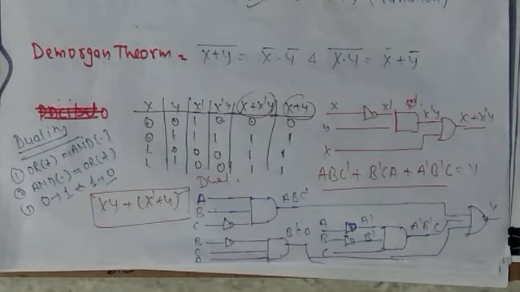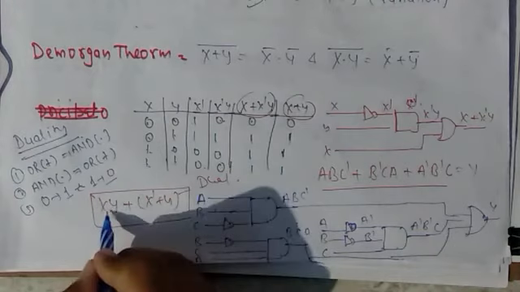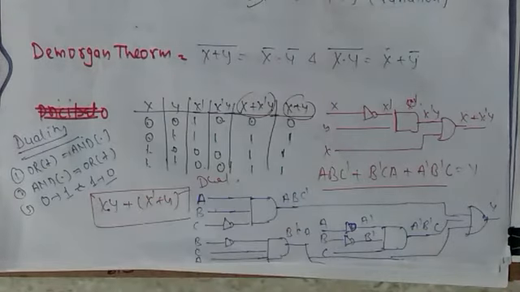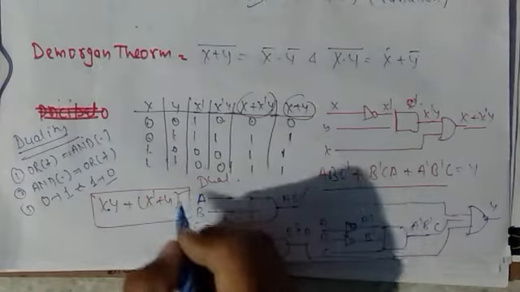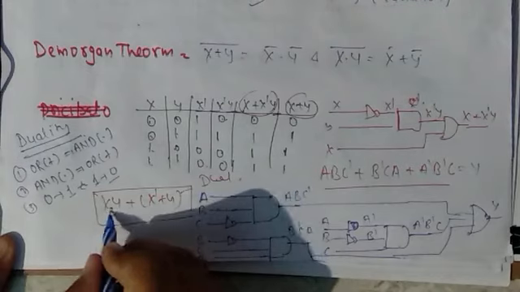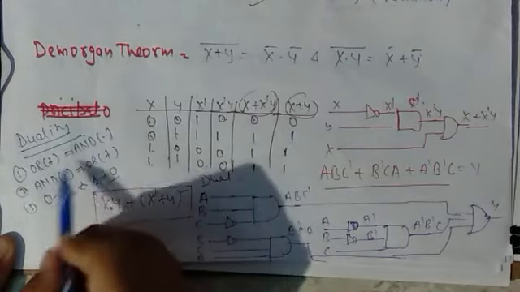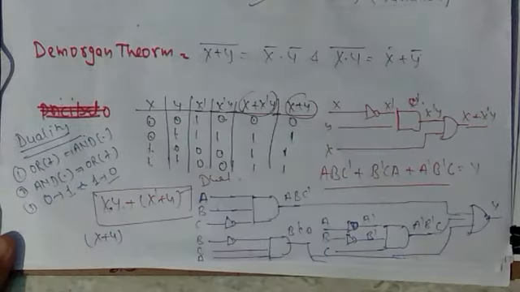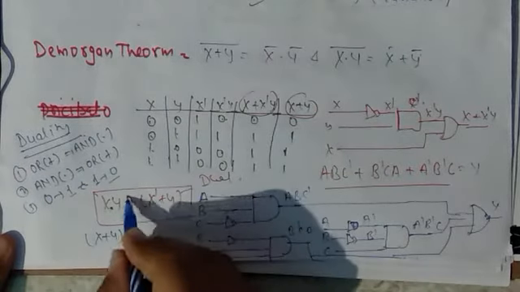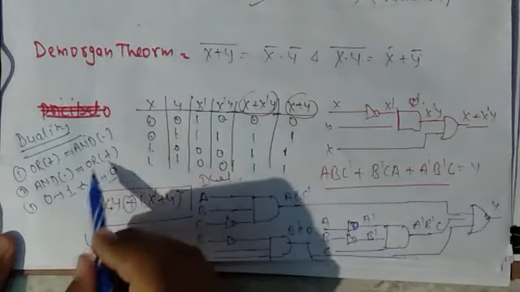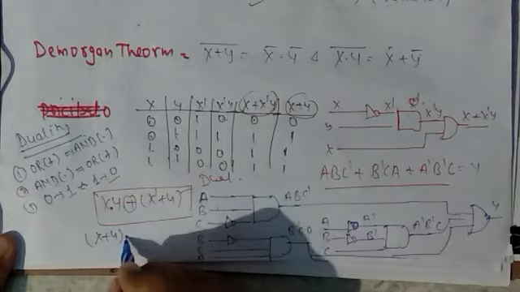Here x dot y will be converted into x plus y, because dot is converted into plus. Plus will be converted into dot.